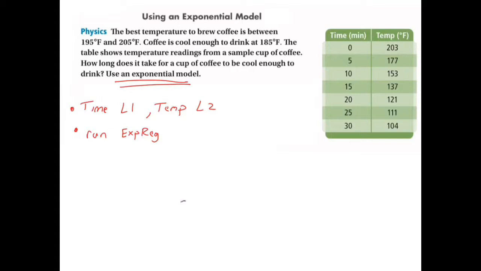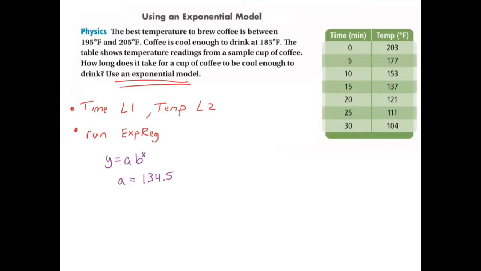When you run this, your calculator is going to give you your equation back in this format, a times b to the x, and it's going to tell you that your a value in this case is, let's say 134.5, I don't want to deal with the extra decimals.